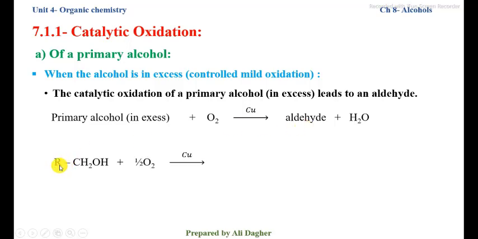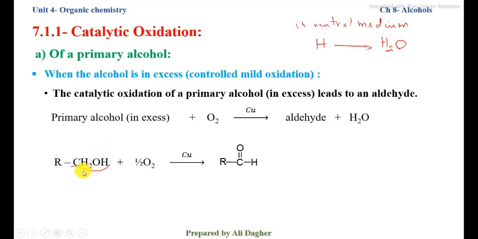The general equation: RCH2OH is the formula of the primary alcohol, plus O2. We transform the functional carbon into an aldehyde carbonyl group. That means the family is aldehyde, C double bond O, H. In neutral medium, hydrogen is balanced by H2O.